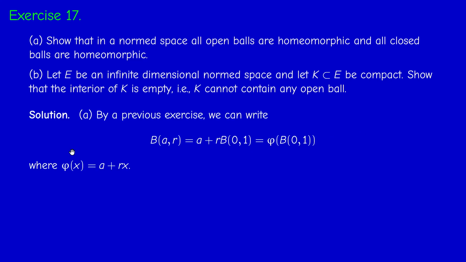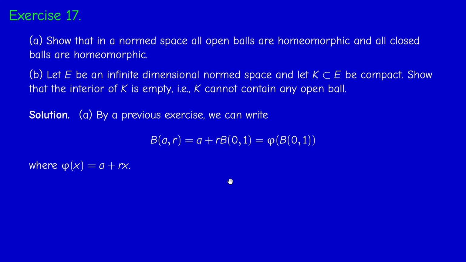Okay, this is easy. So it's enough to prove that any open ball of center a and radius R is homeomorphic to the standard open unit ball of center 0 and radius 1. Okay, but by exercise 11, this ball is the image of the standard ball by a homothety followed by a translation.